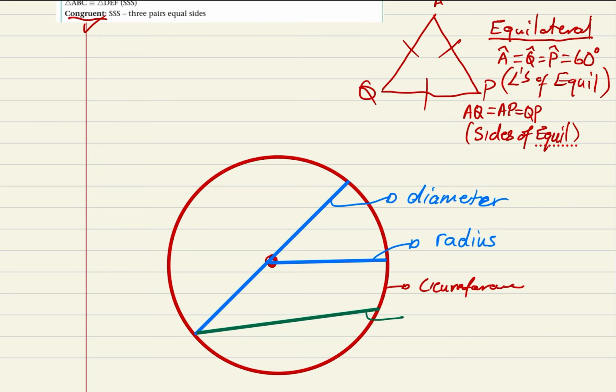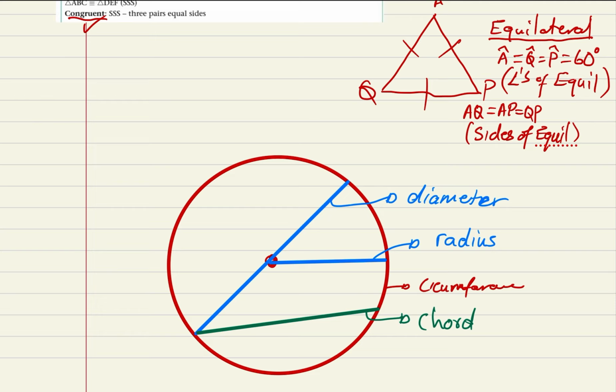This line is called a chord. I remember visiting one of the schools and they call it a chord. So yes, it's a chord, and it's also called a chord by others. So don't blame me on that one.